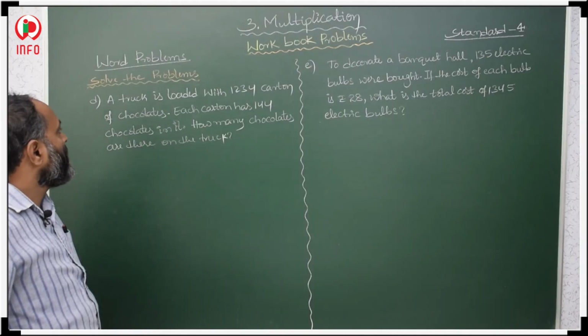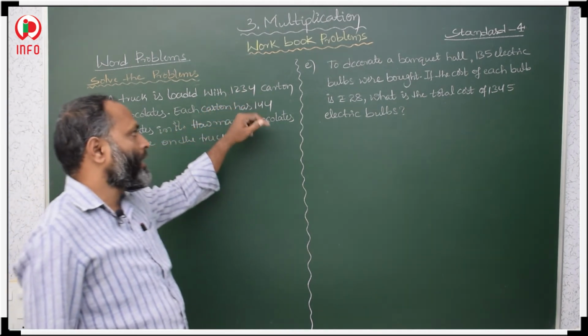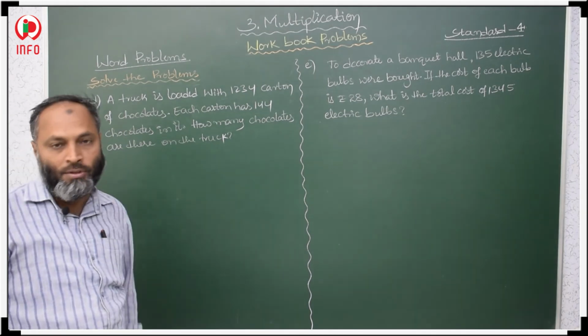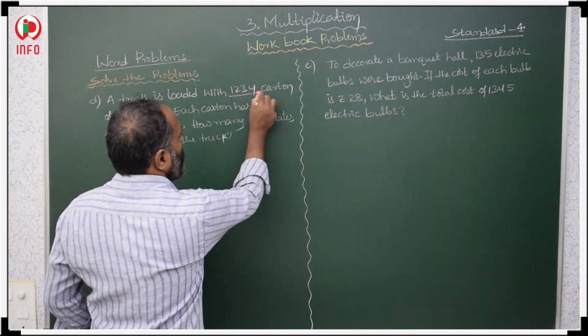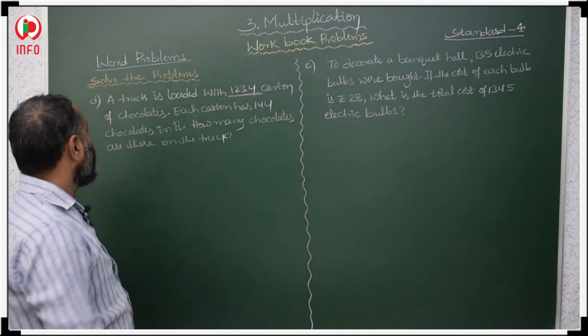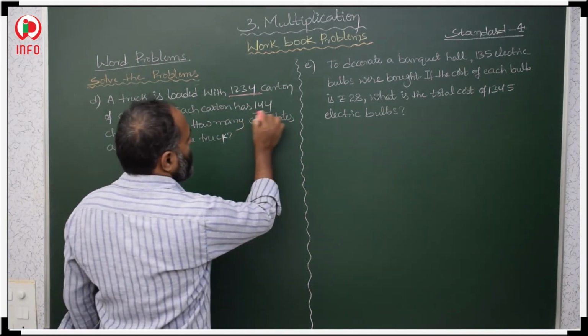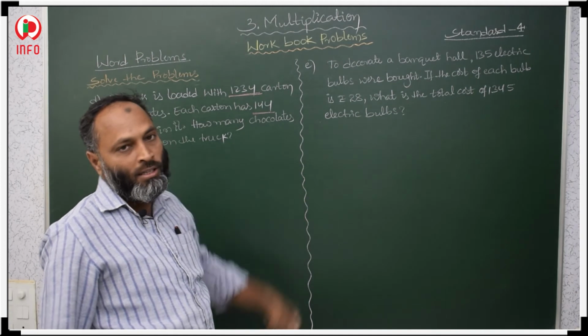Now students, here is the next question. A truck is loaded with 1234 cartons of chocolates. Each carton has 144 chocolates. So 1234 cartons were there.